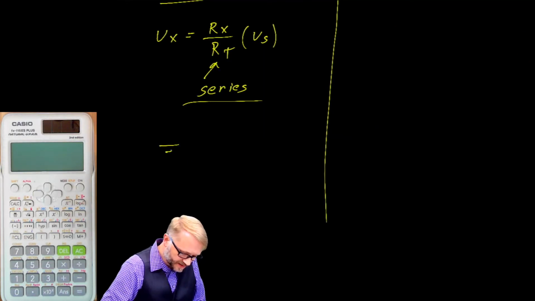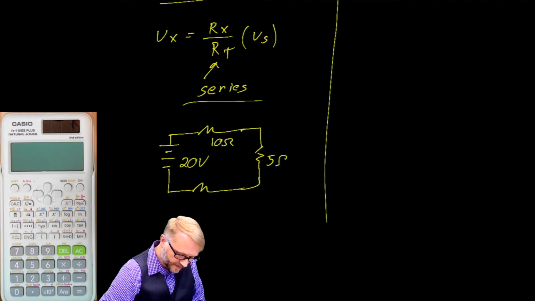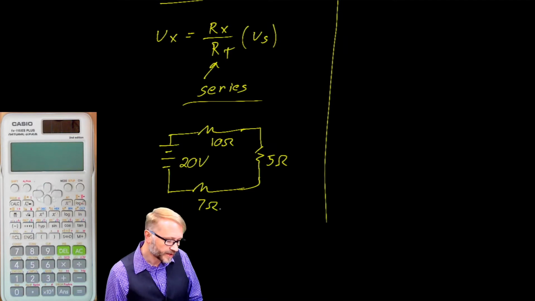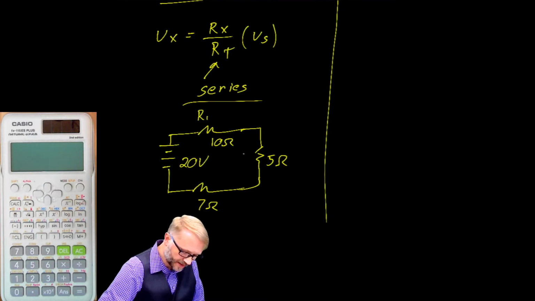Here's a for instance. If we had a 20-volt source and several resistors, so let this be 20 volts, let this one be 10, 5, and 7. If we were curious about the voltage on R2, so let this be R1, R2, and R3.